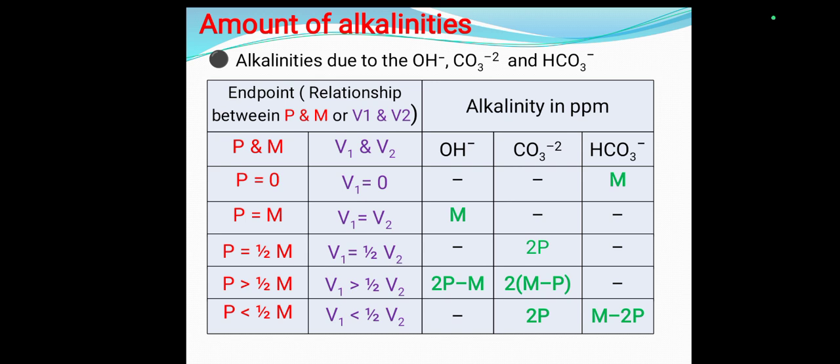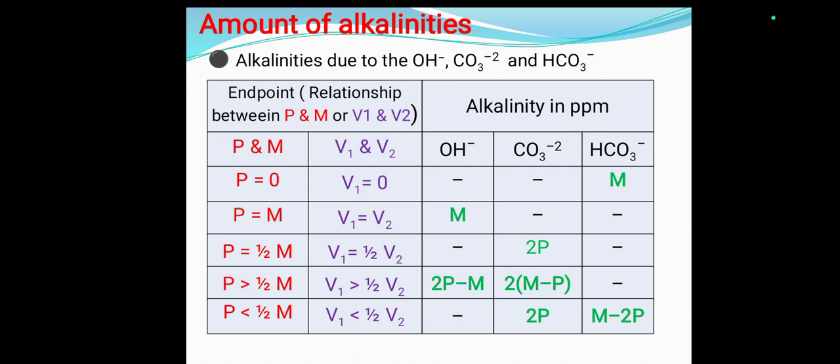And as I said, before proceeding toward finding the amount of alkalinities, first we have to find the types of alkalinities. And for finding the types of alkalinities, we have to find the value of p and yum. So once you get the value of p and yum, you have to see this table, and by using this table you can find the relationship between p and yum.